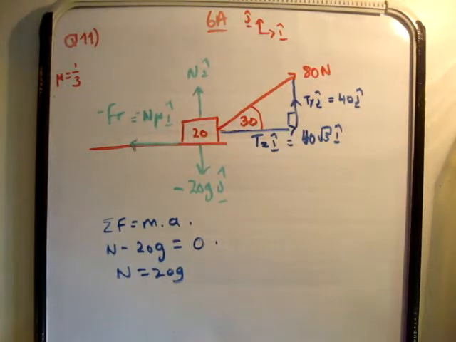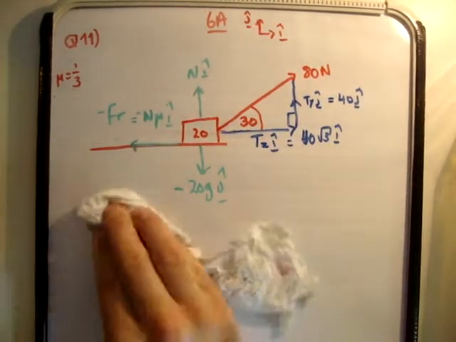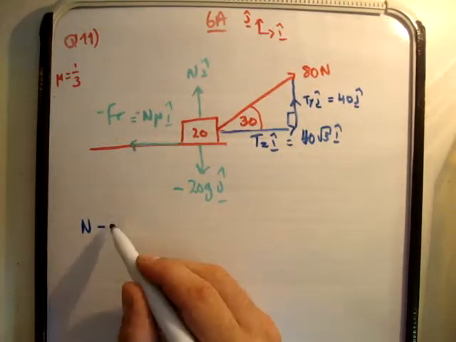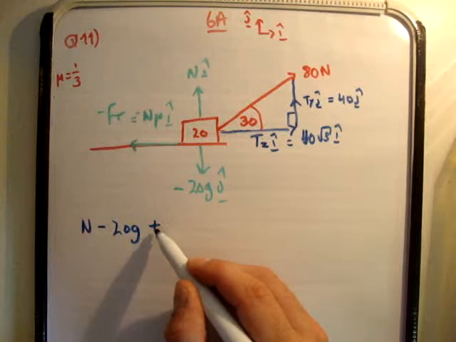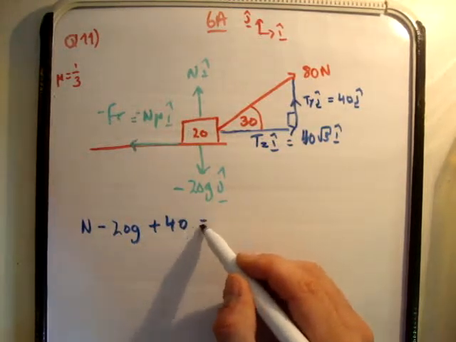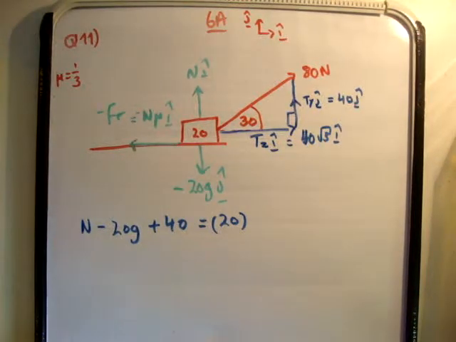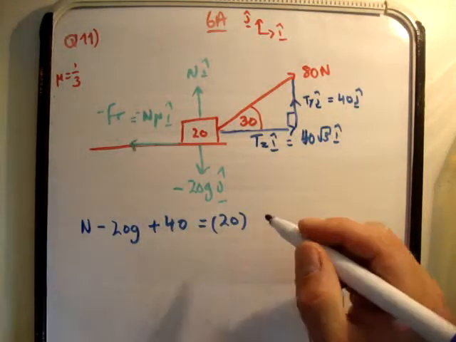Alright, however, that is not the case that we have here. We have N minus 20g plus 40 is equal to its mass, which is 20, times the acceleration, and the question is, is it accelerating in the j hat direction? And the answer is it isn't, because we're told it's being pulled along a rough horizontal plane. So that implies basically that it isn't leaving the plane.